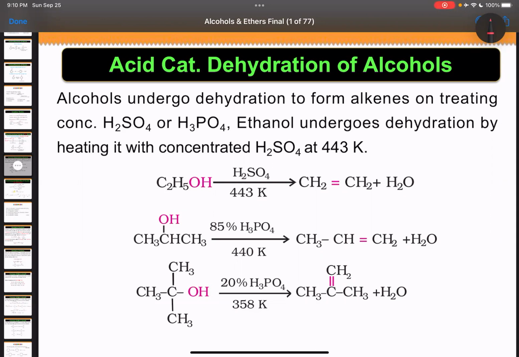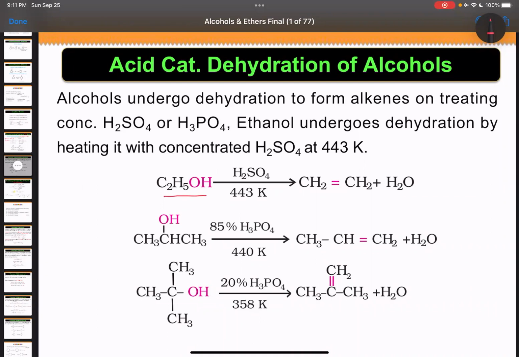Actually, you may take Al2O3 also. Okay. That also can liberate water. That also can remove water from alcohols. Okay, and what is the temperature? Actually, for ethanol, you need to remember the temperature.